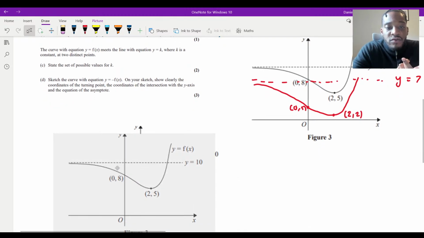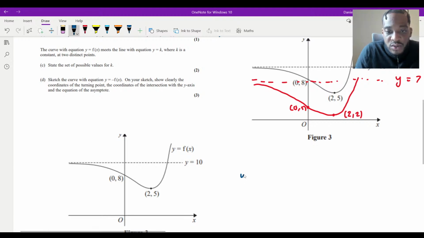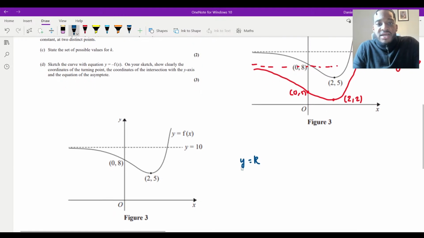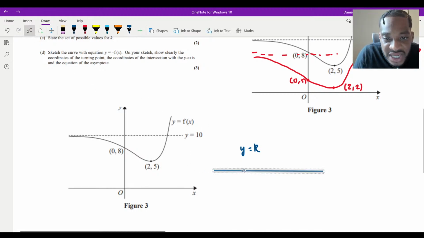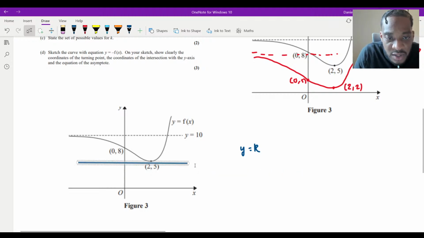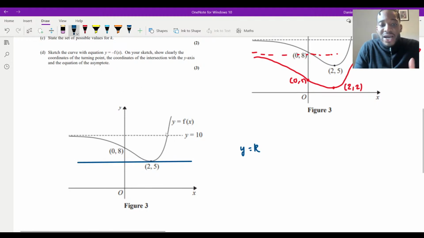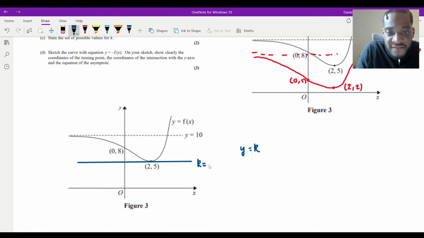Remember, y equals k is a horizontal line. If it intersects twice, what would the minimum value be? At the very lowest, k intersects once at the minimum point, so this is k equals 5.